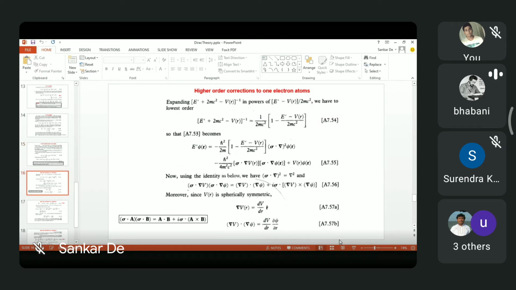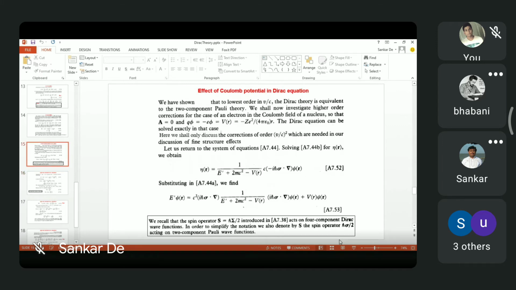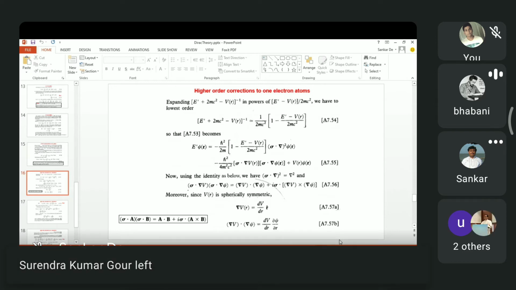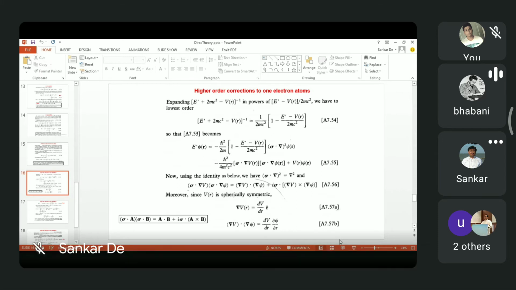Let me, the whole point is, how did he get the second term, right? Yes sir. C square, C square, there is a minus s cross square, and there is a 2m c square, and there is a sigma dot delta square, and 1 minus e prime minus v of r by 2 mc square psi of r plus vr psi of r.